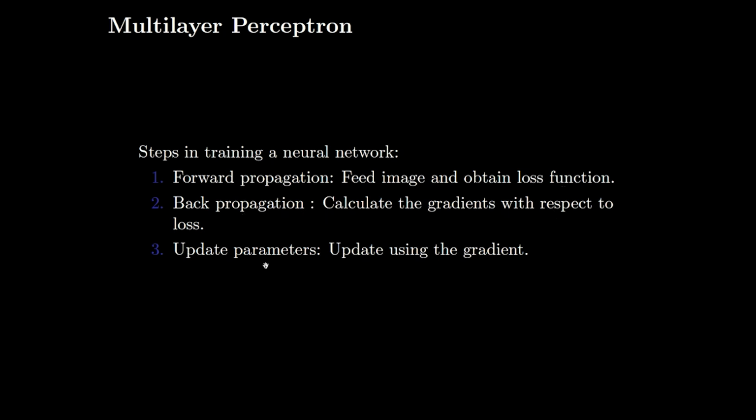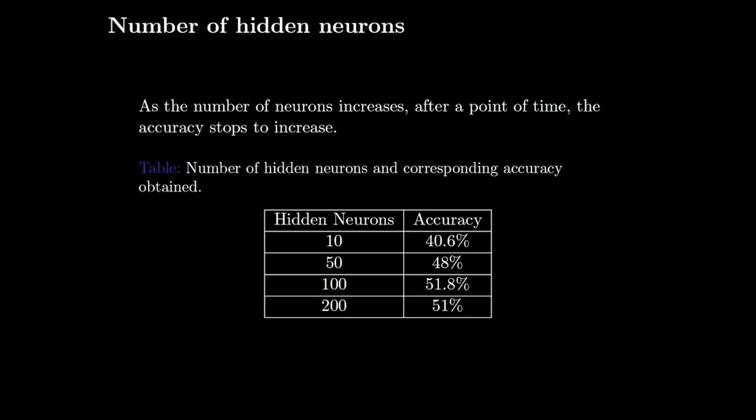And then the last step is updating the parameters using the gradient. These 3 steps are repeated for all the images in the training data set and then the network is tested on the testing images. In testing we identify the performance or accuracy of the network in doing the task of image classification.